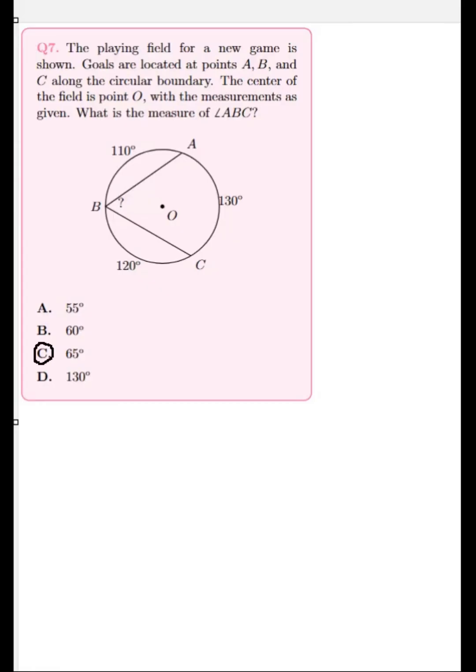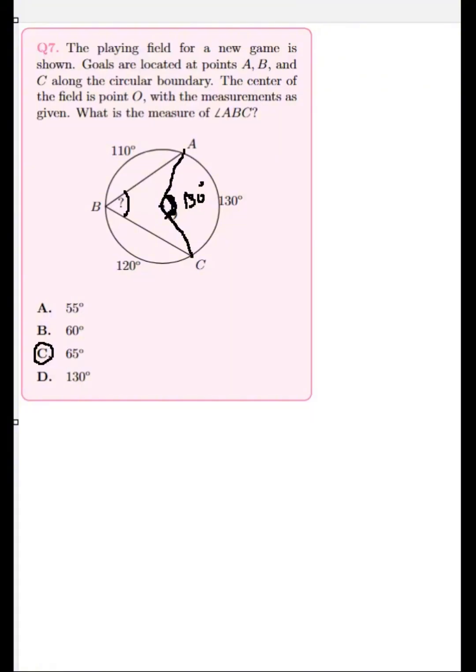And we have another relationship between the inscribed angle and the central angle. So this is the central angle, which is at the center of the circle. If this arc has a measure of 130, this angle, which is the central angle, also measures 130.